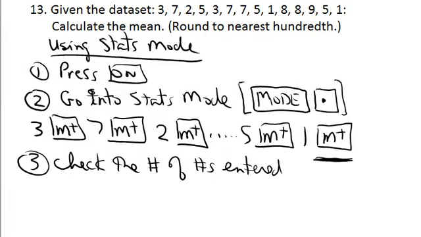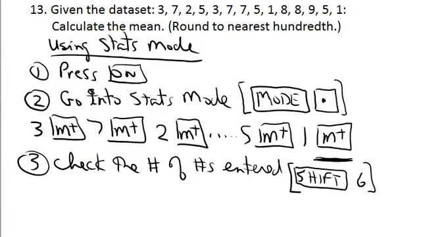You can do that on this calculator by doing Shift 6. If you press the Shift key followed by the number 6, that will tell you how many numbers you've entered, and that's always nice.